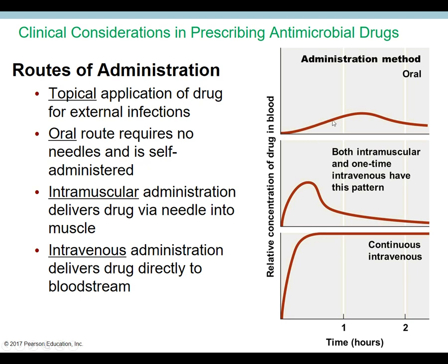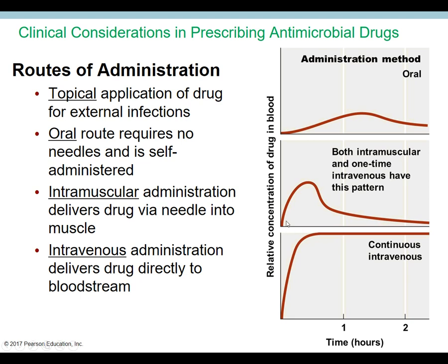If you do an oral, you get some into the blood, but it's cleared out pretty quickly. That's partially because a lot of the drug is being absorbed through the stomach, and the blood from the stomach goes immediately to the liver, and the liver detoxifies, meaning removes drugs from the blood. Whether it's legal or illegal drugs, the liver clears it out.